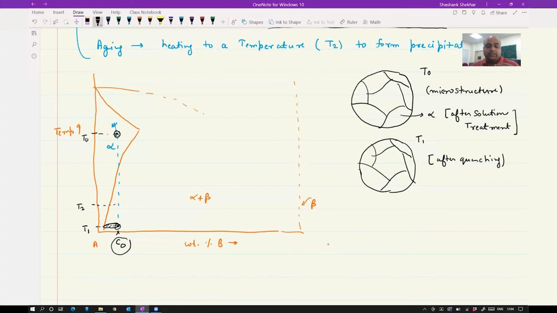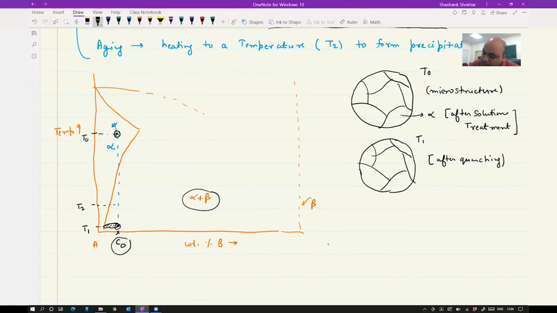So we heat the sample to a temperature T2, and then we are giving some driving force, right? At higher temperature, these atoms quickly come out and start forming precipitates in the matrix, because the equilibrium structure suggests the microstructure should have alpha plus beta.